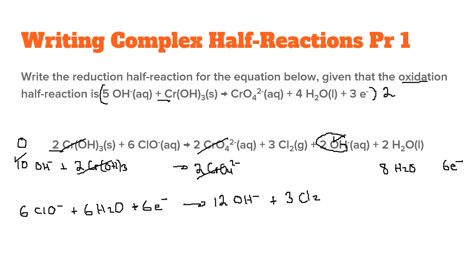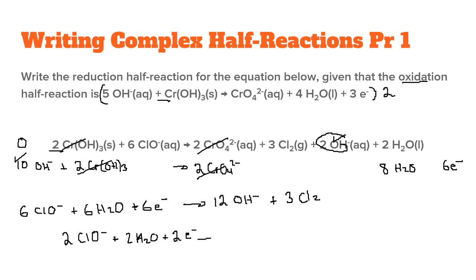Now these coefficients are all divisible by 3, so we're going to simplify it to 2 ClO minus plus 2 waters plus 2 electrons.